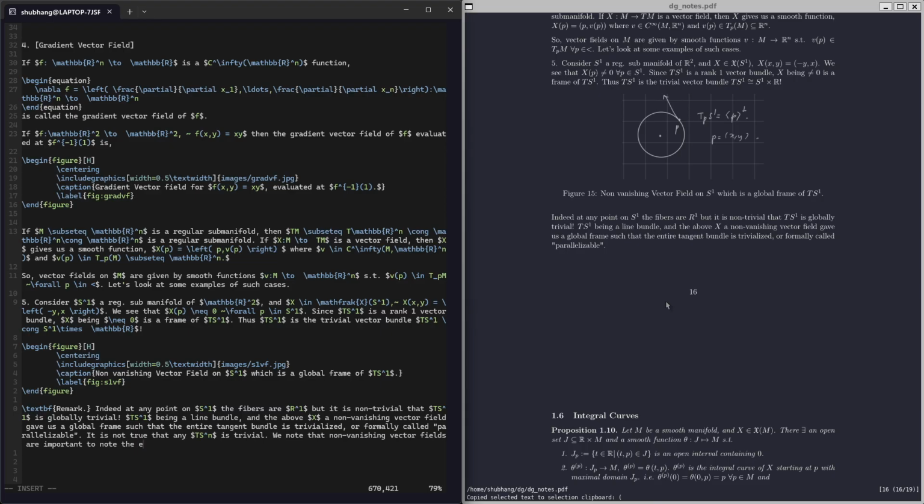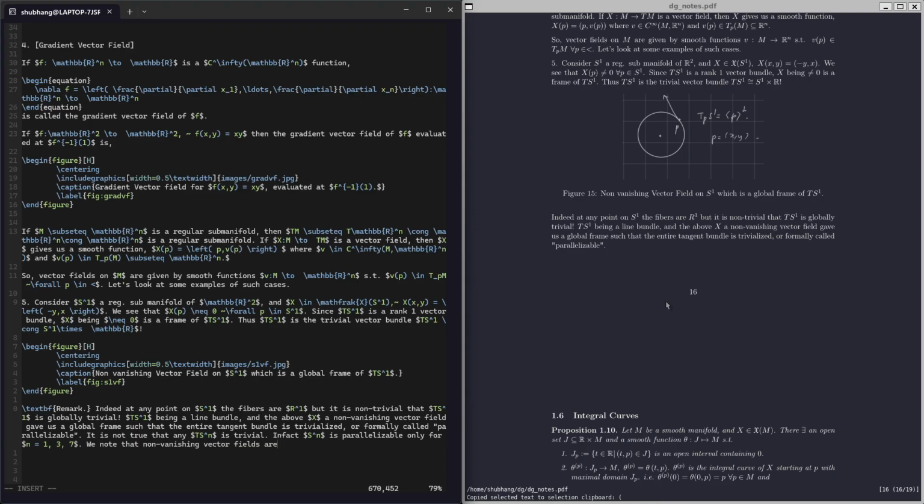It is important to note the existence of non-vanishing vector fields. It is not true that in fact the sphere is parallelizable, only for n equals 1, 3, 7.